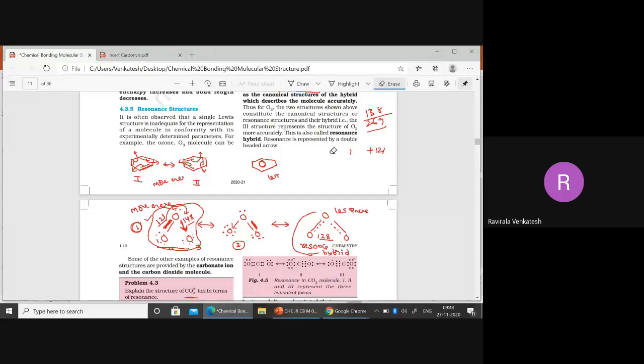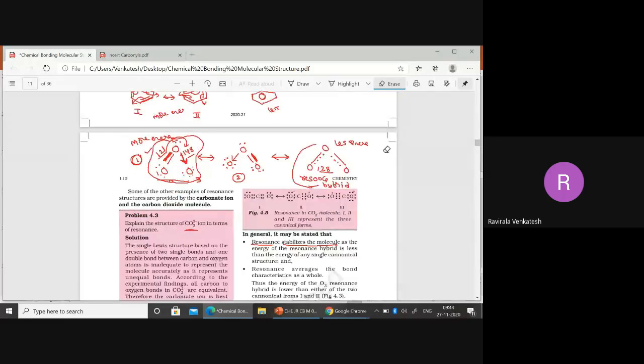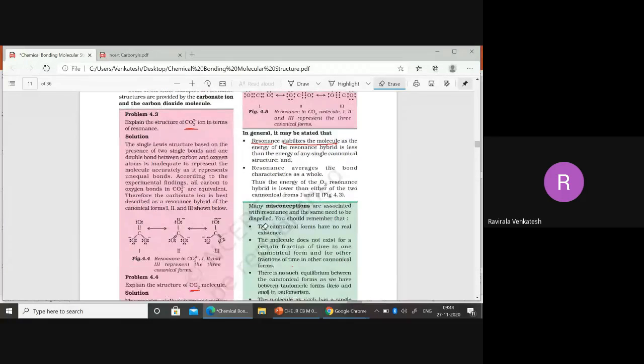What is the meaning of this? The pi bond is dominating the single bond. So the value is near to the pi bond character, since 121 is the pi bond character. So we can't take the calculated average values. Experimental averages we can take. Okay, so these are the two things we have to remember compulsorily.